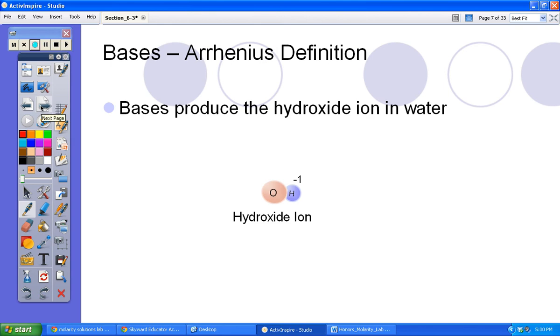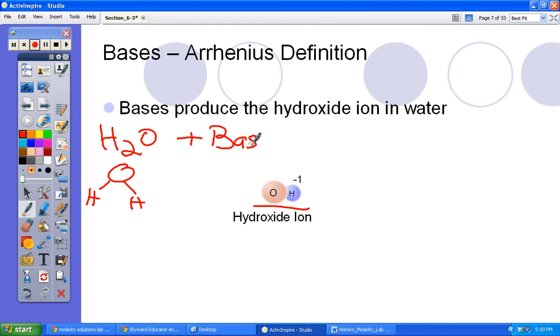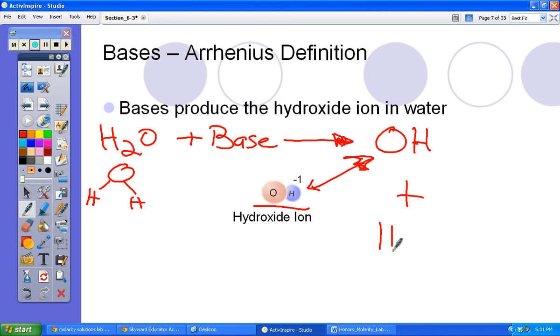Bases do the exact same thing, except it's the opposite. They produce hydroxide ions, which are OH. So if we are to take water, H2O, so that means there's an oxygen bonded to two hydrogens, that reacts with a base. The base yields an OH, that's the hydroxide ion, here, plus the base has an H, a hydrogen plus, that's attached to the base, whatever that is.